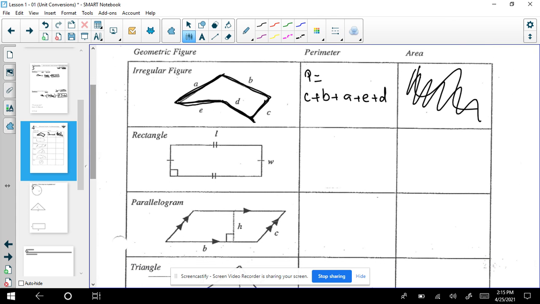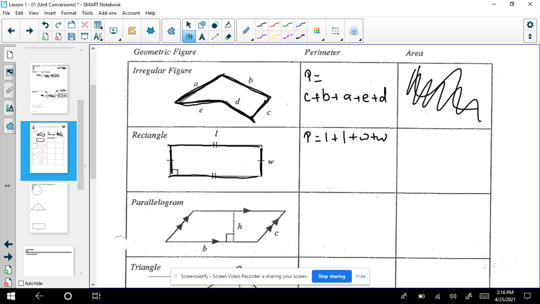So for a rectangle, our perimeter, right, we have 2 lengths, right? So how I would do perimeter is you can write it. So there's 2 ways to do it. So you can do perimeter equals length plus length, and then width plus width. That's going to give me the perimeter all the way around.